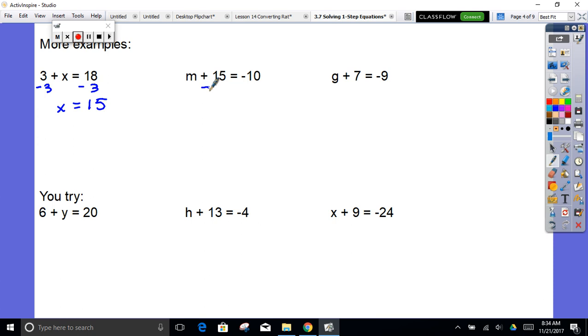So when I subtract 15 from both sides, I have m equals, I have 2 numbers with the same sign, so what do I do to those numbers? I add them and keep the sign, so it's negative 25. And then the last one is another example with a negative number. Subtracting 7 from both sides gives me g equals negative 16.